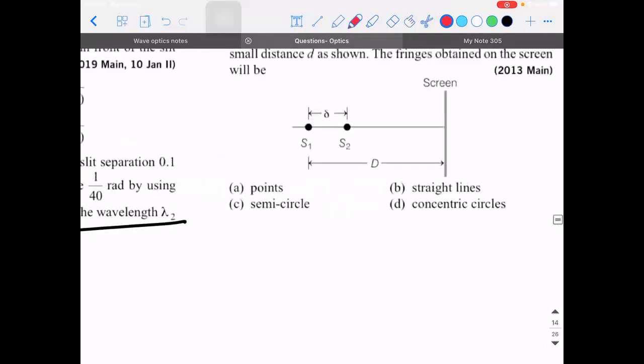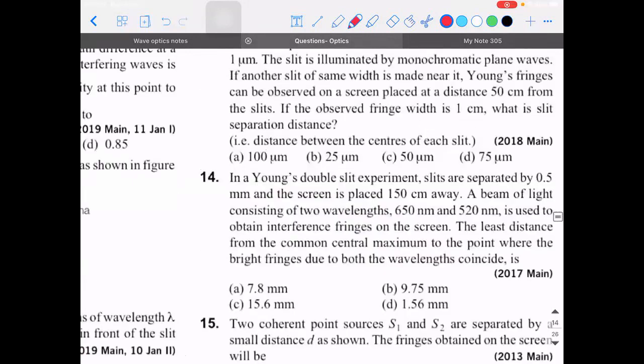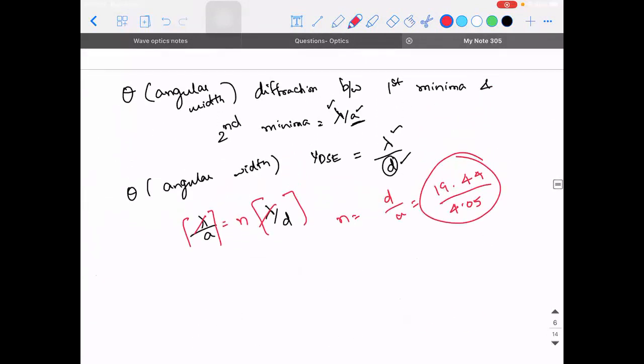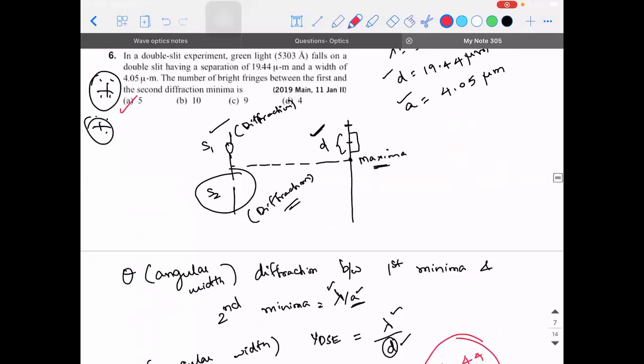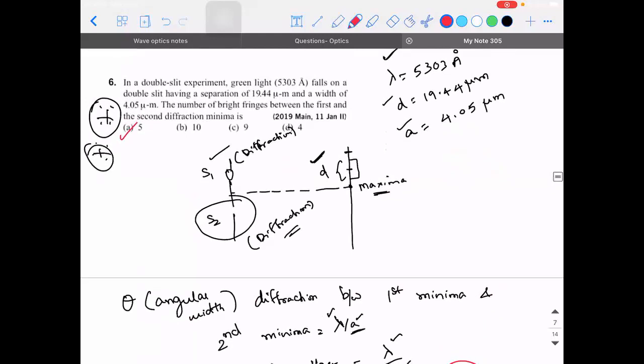First diffraction minima and second diffraction minima, like we're asking about the distance between the first secondary minima and the second. There is nothing like first secondary minimum. That's only first minimum in the case of diffraction. First secondary maxima.